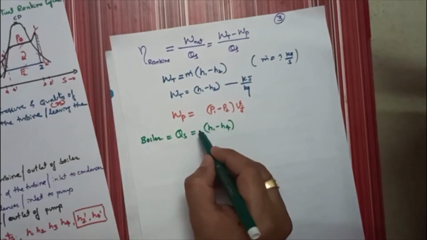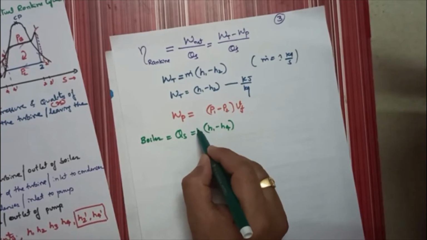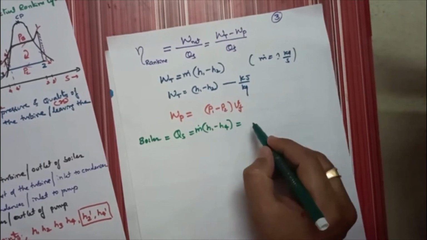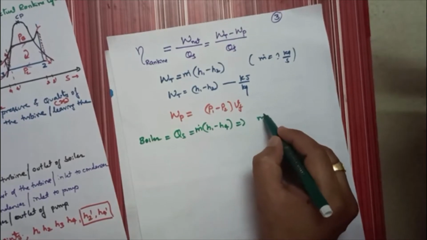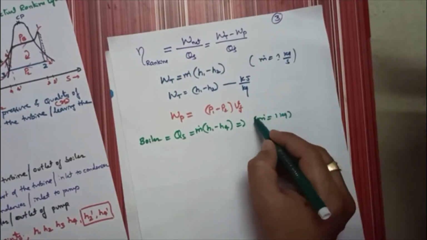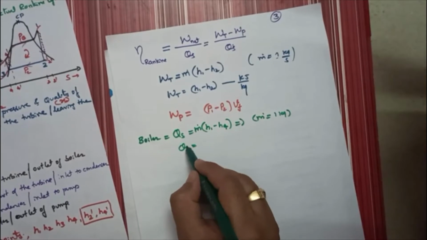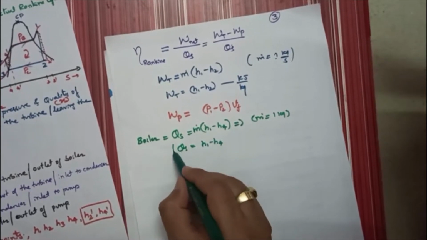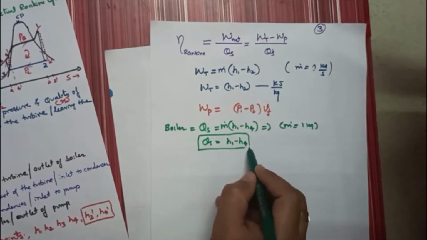If m is equal to 1 kg, H1 minus H4. If m is equal to 2 kg, 3 kg, you just multiply with mass m. So usually we will assume m dot is equal to 1 kg unless given in the problem. So H1 minus H4 is the formula for calculating Qs.